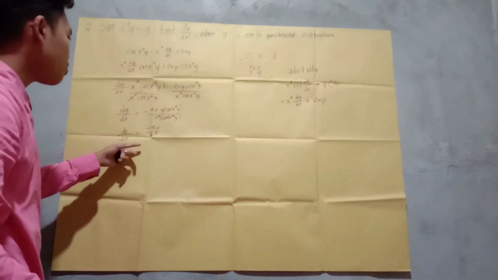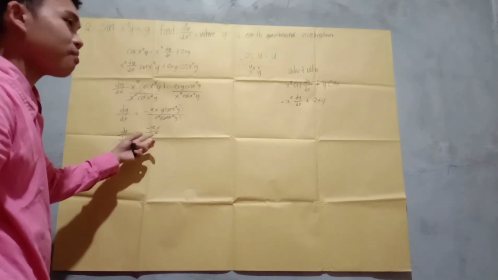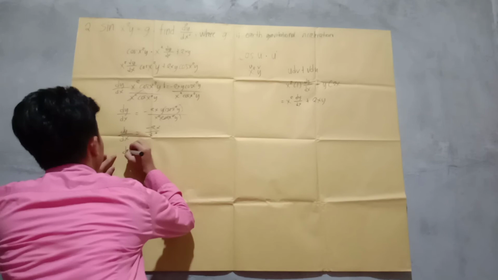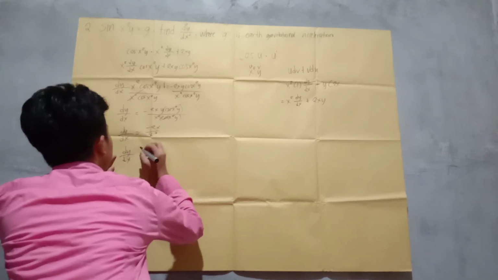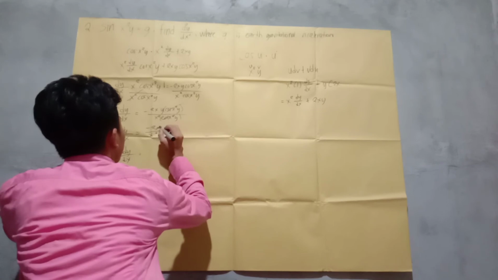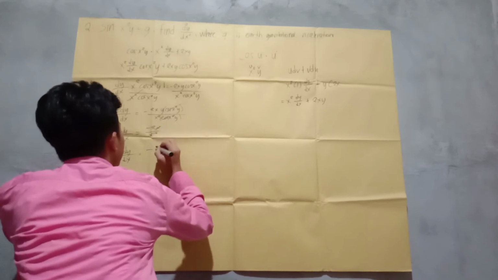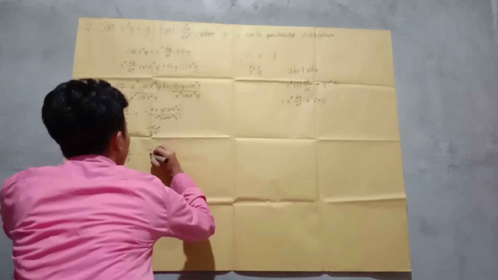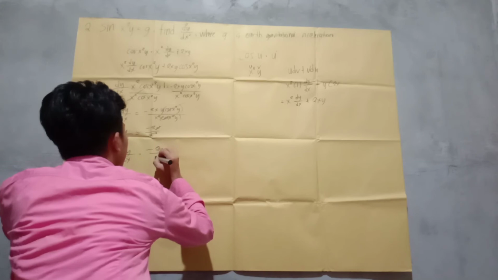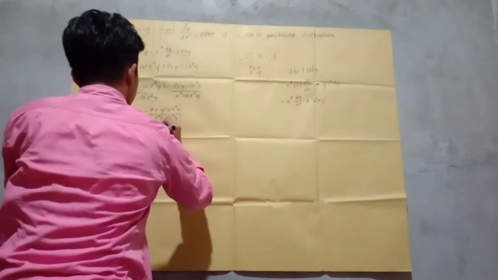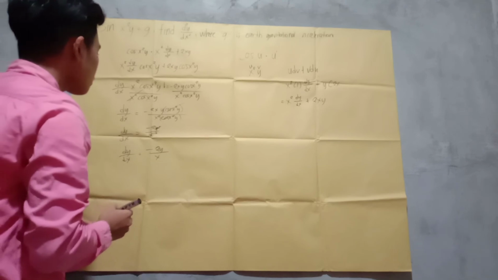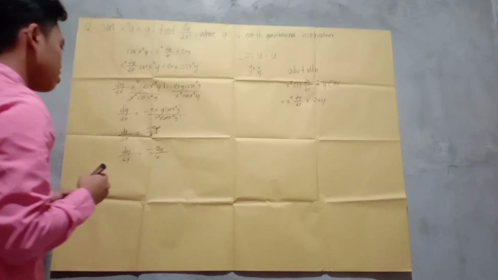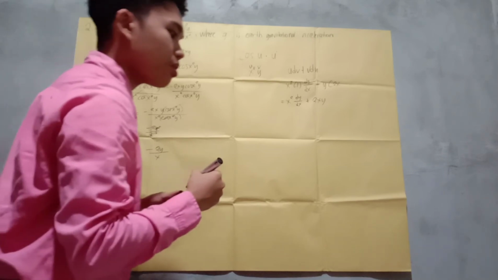So we can simplify this further. It will become dy over dx, canceling the common variable, so the remaining will be negative 2y over x.